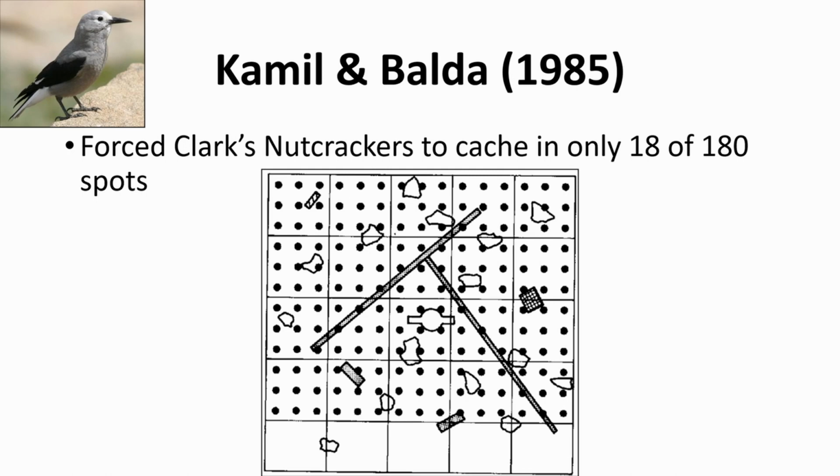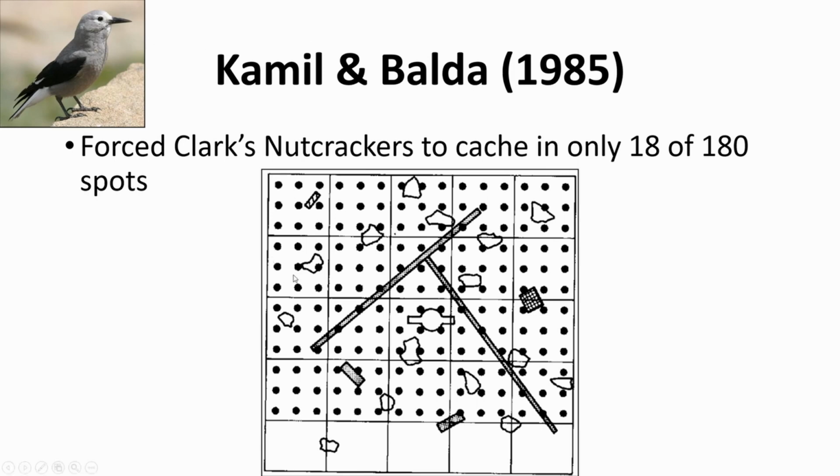This species lives in alpine areas in the western area of North America. They tend to harvest seeds from pine cones, and they cache these little clusters of seeds, 3 or 4 or 5 seeds at a time in a single cache. They cache those towards the end of the summer, early autumn, and then in the winter they'll come back and retrieve those caches.